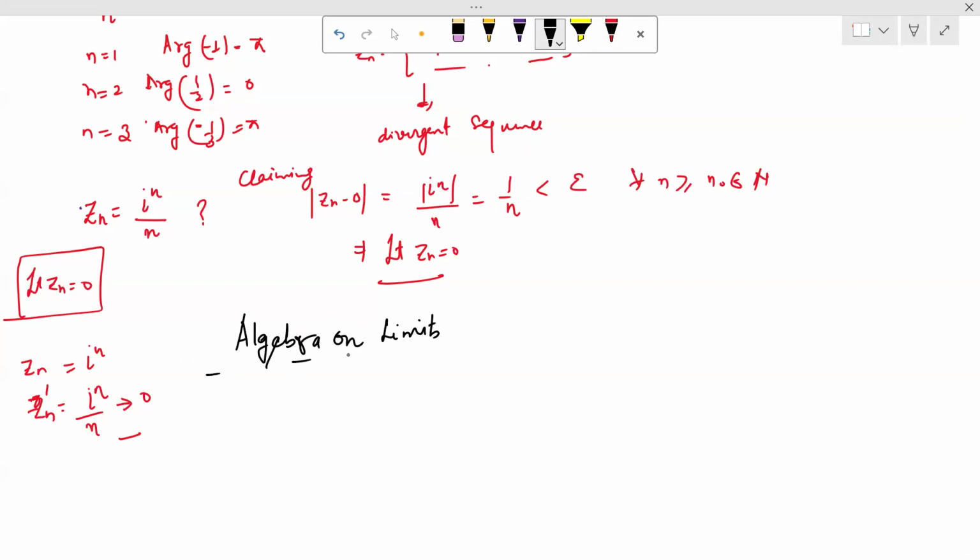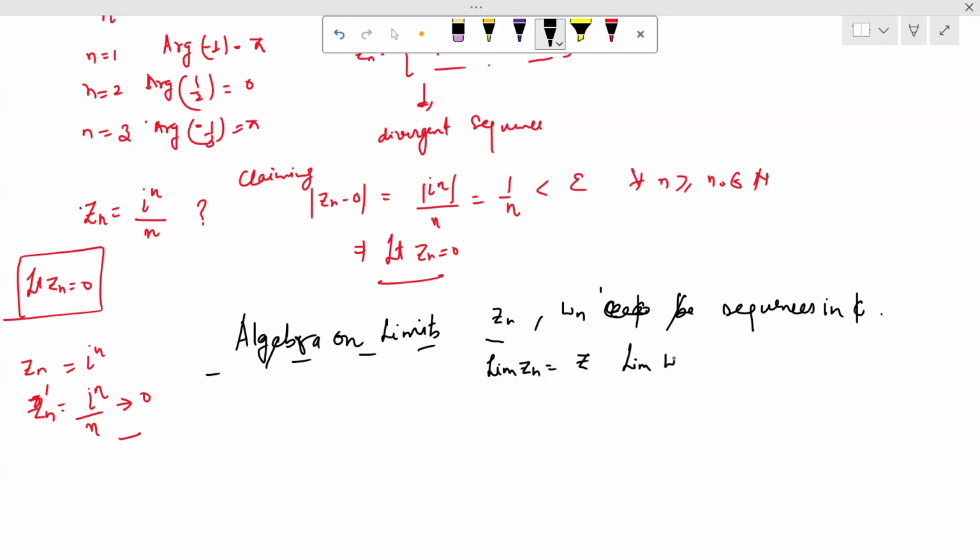So, algebra of limits. Let Zn and Wn be sequences in C, and let us assume that the limit of Zn converges towards Z and Wn converges towards W. Then the following holds true.